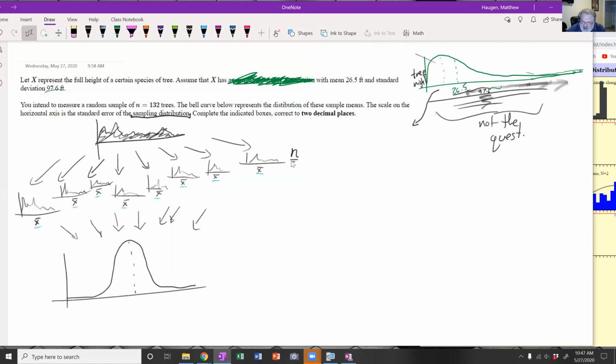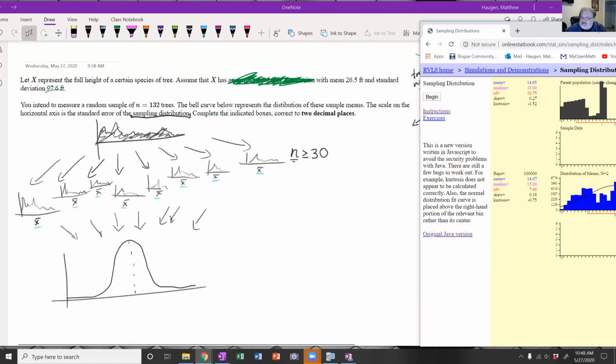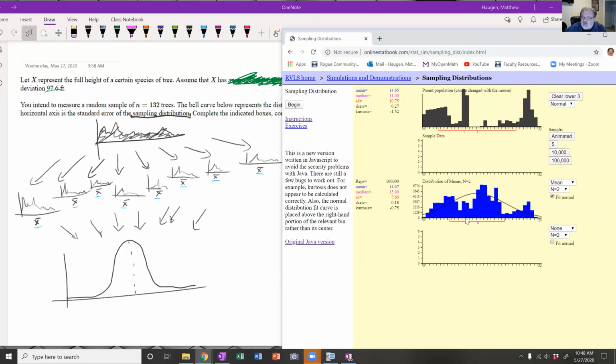Now, 25 seemed to work okay, but the general threshold is 30. So to guarantee that our sampling distribution, our distribution of means, is going to be nice and normal, we generally want to use at least 30.